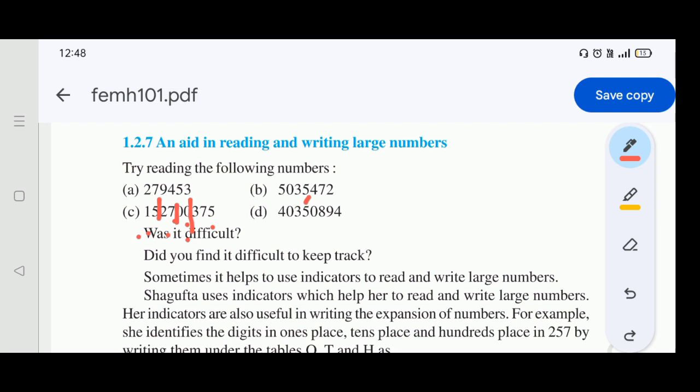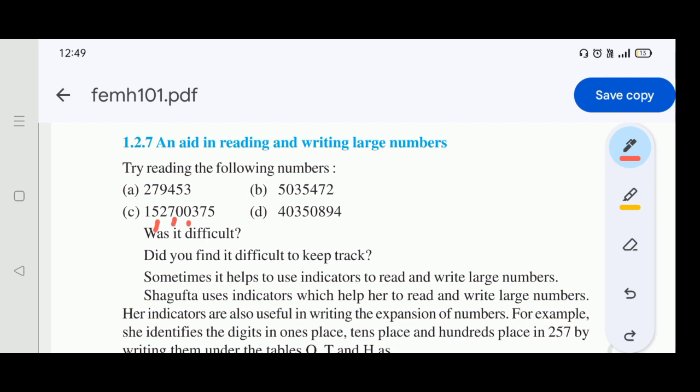So it is 15 lakh. No, I somewhere wrongly inserted the commas. So now I have inserted it correctly. Just see it. It is nothing but 15 crores 27 lakhs 375.